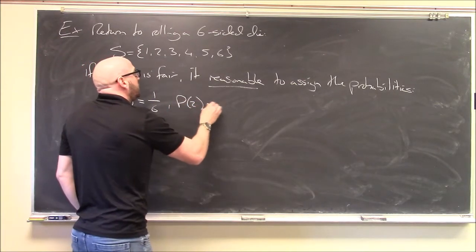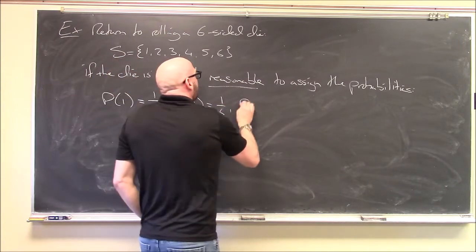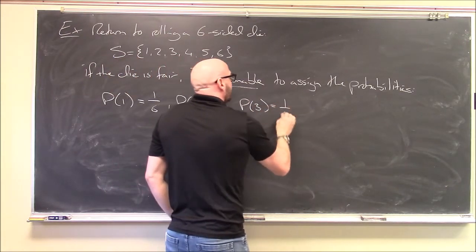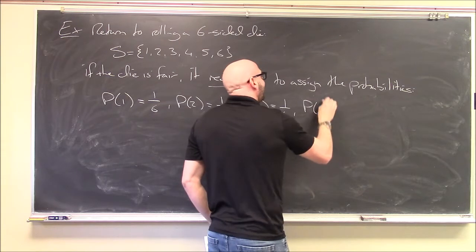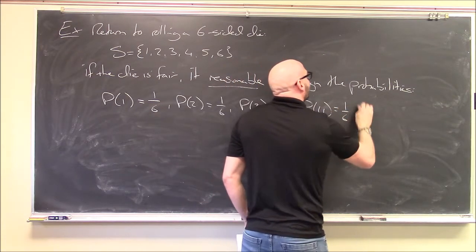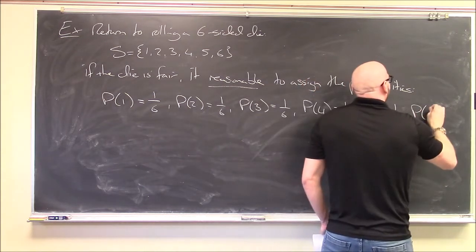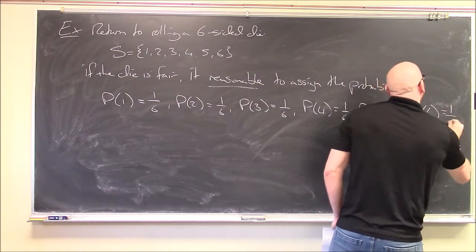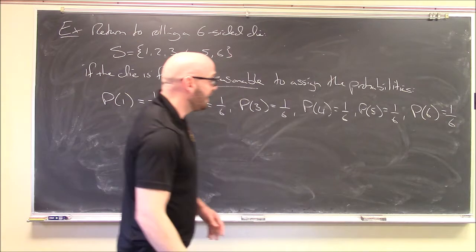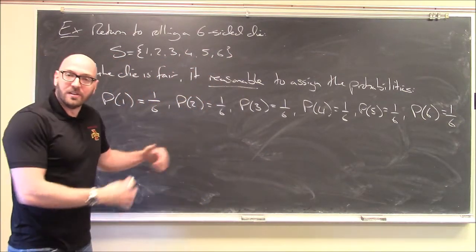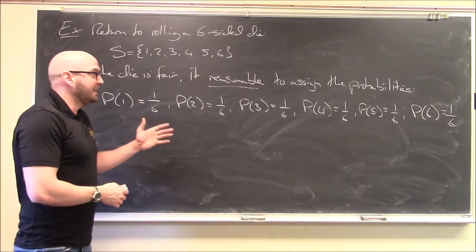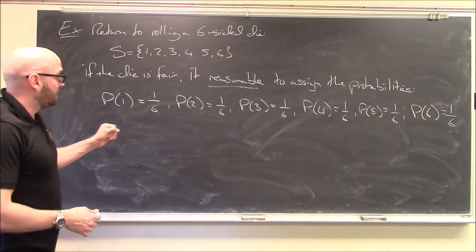Probability of rolling a 2 would be 1/6. Probability of rolling a 3 is 1/6. Probability of rolling a 4, 1/6. Probability of rolling a 5 is 1/6. And probability of rolling a 6 is 1/6. And I want to point out that this satisfies our properties of being an acceptable probability function.